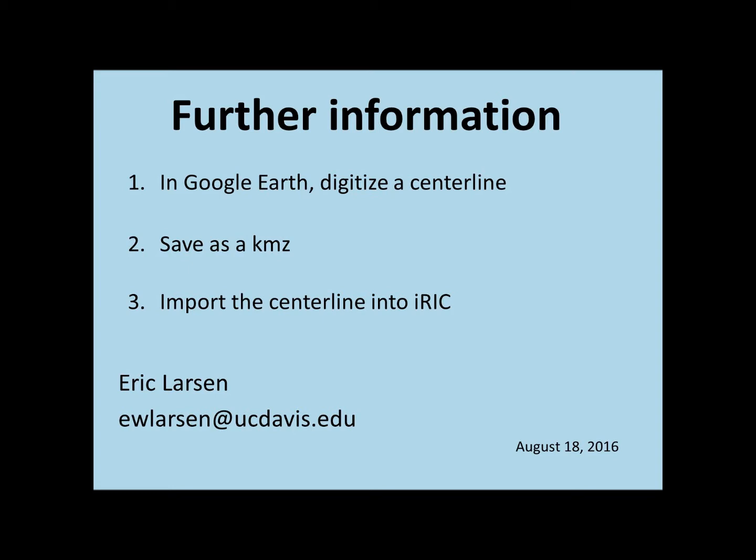And thirdly, we brought that center line into iRIC. If you have any questions about this or need help, there's an email link that you can use. I have to say that this method of bringing Centerlines in by just digitizing in Google Earth and saving as a KMZ is phenomenally efficient. We've done it many other ways, and this beats them all. Okay, thank you very much.